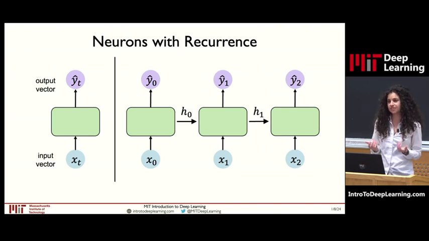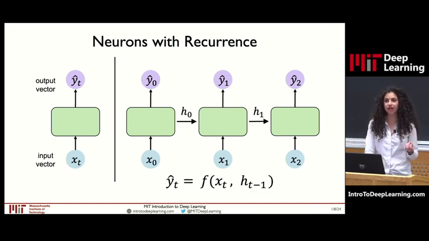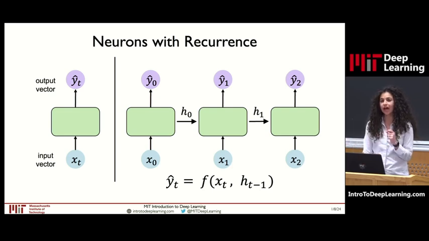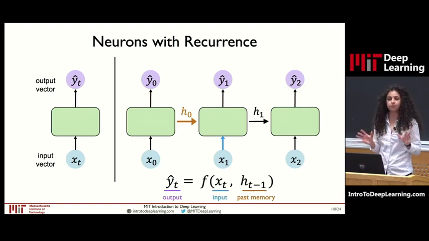And so what you can see here, as we're starting to build out this modeling diagram, is that we're now able to produce a relationship where the output at a time step t depends on both the input at that time step as well as the state from the prior time step that was just passed forward. And this is a really powerful idea.